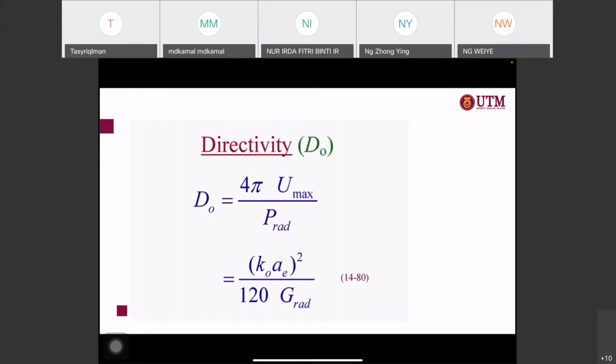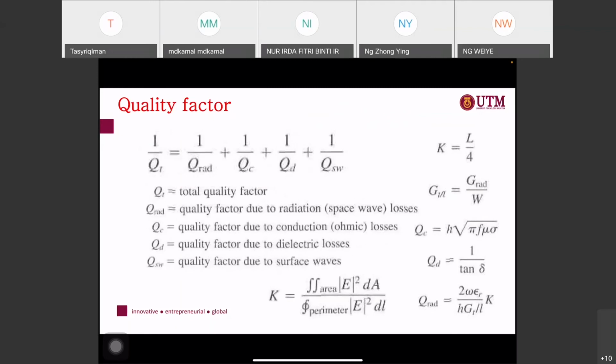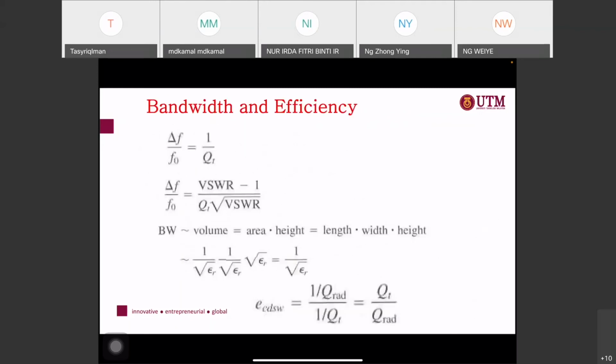We want to find the efficiency here from this directivity. The directivity is given as this, and then you find your k naught a e over 120, and then you find, in terms of the Bessel functions, your resonant input resistance from here. Then you can find the quality factors to determine the bandwidth later on, because this is important in your microstrip antenna.